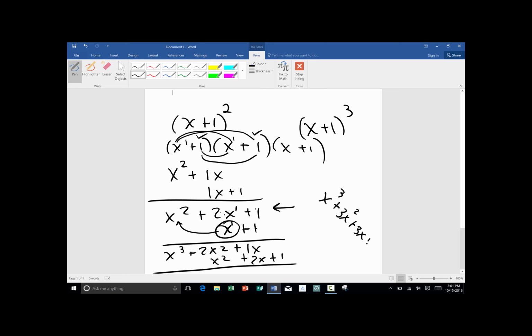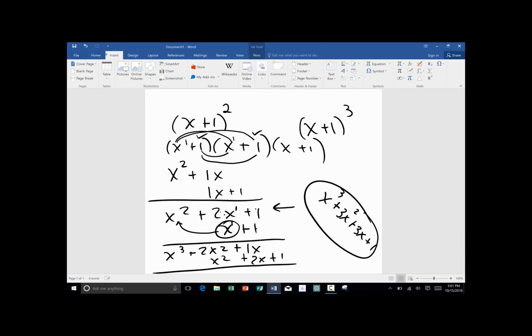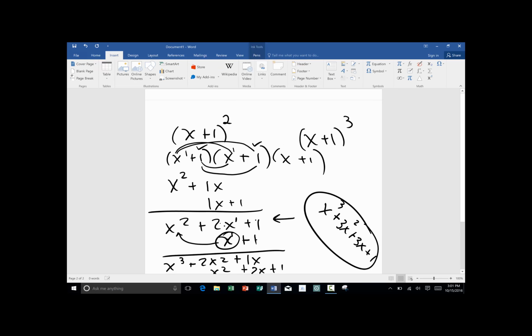So every time you have something that has a cube or something like that on it, what you're doing is just multiplying 2 at a time. So let me insert a page break here and get us another page.